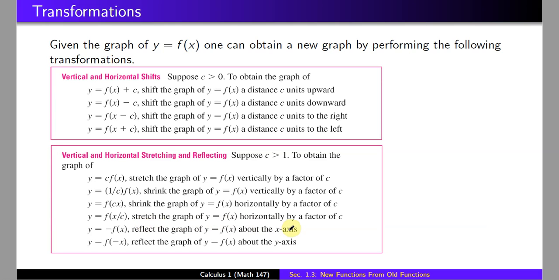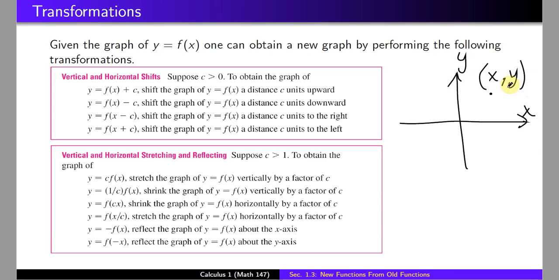The first is x-axis reflection. This is kind of easy to remember if you look at a graph. So let's look at a graph here. So suppose you have some point or some coordinate, x, y. Okay, so what happens with x, y? What happens to reflect things over the x-axis?